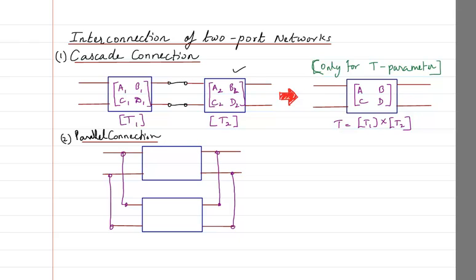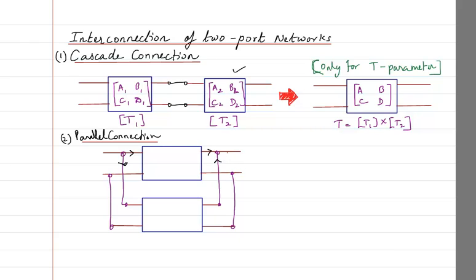Generally, why do we call it parallel? You may feel that one block is parallel to the other. The main reason is that the total current is dividing between these two branches, and the output current comes out of these two branches.